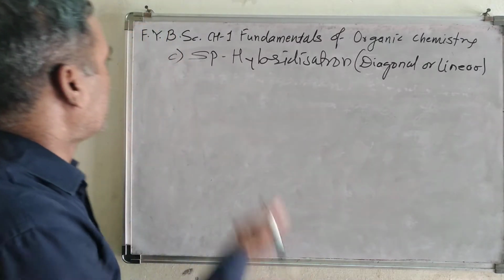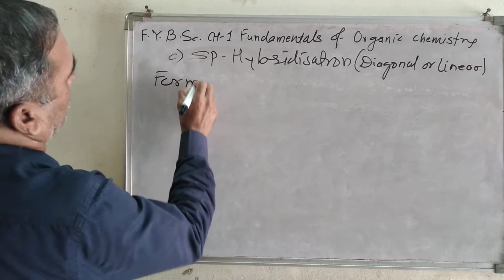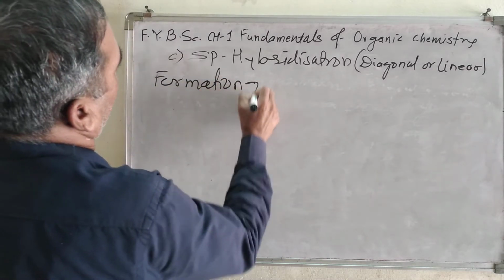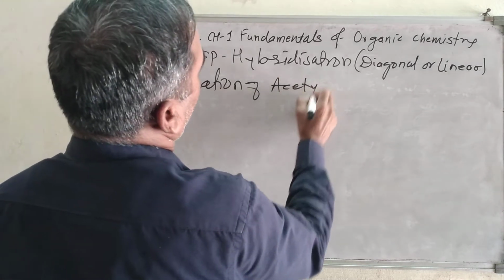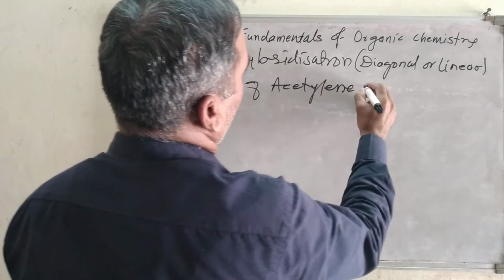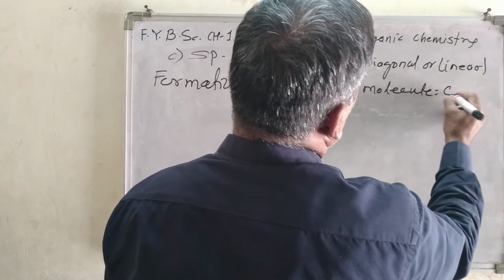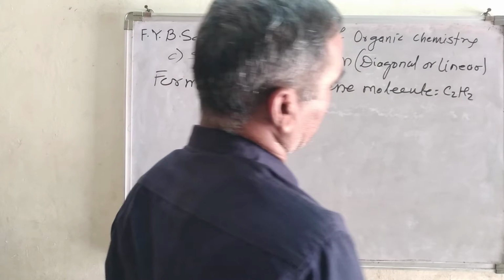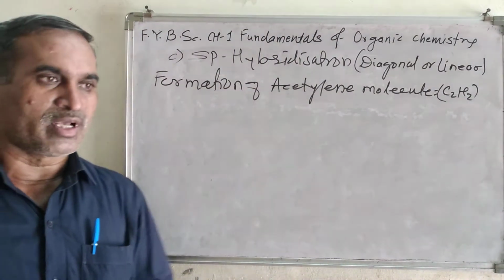And now here we are going to learn the formation of the acetylene molecule. As we know, C2H2 is the molecular formula of the acetylene molecule, and we will see the structure shortly.